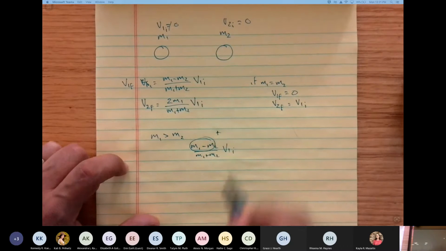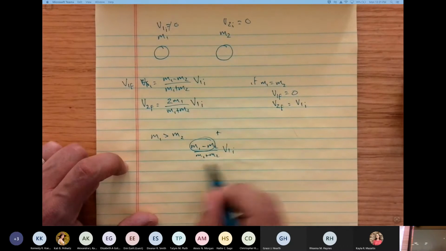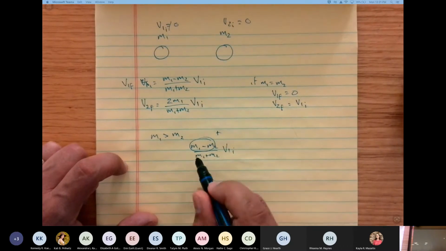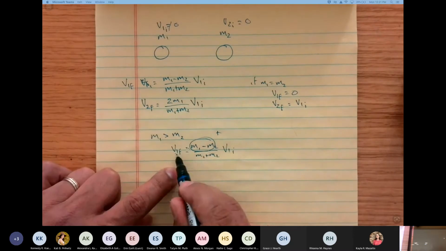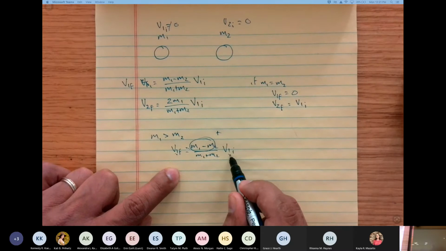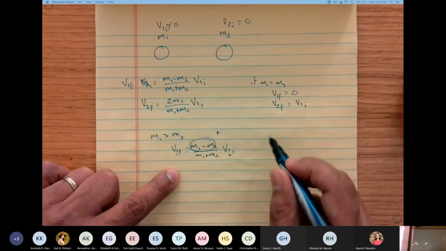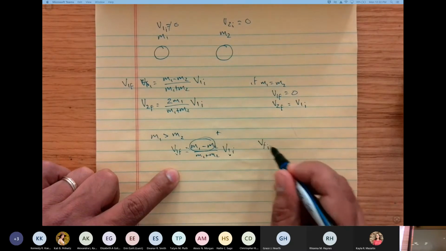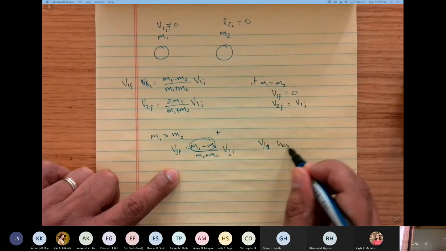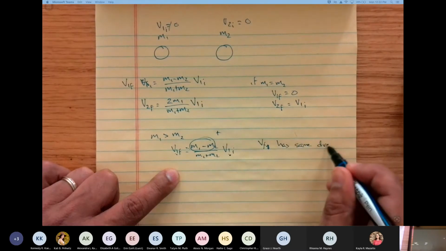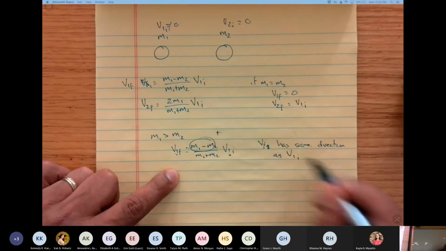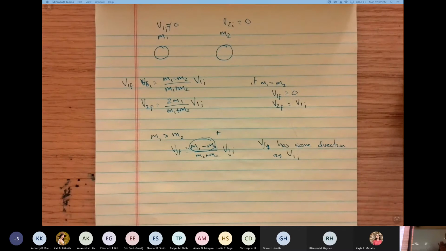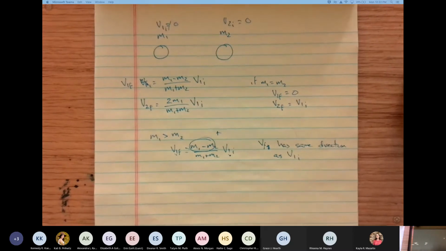The denominator is always going to be positive no matter what. So the final velocity of 1 is going to be in the same direction as the initial velocity. Probably it's going to be a little bit less, but it's going to continue going forward. It's not going to stop.